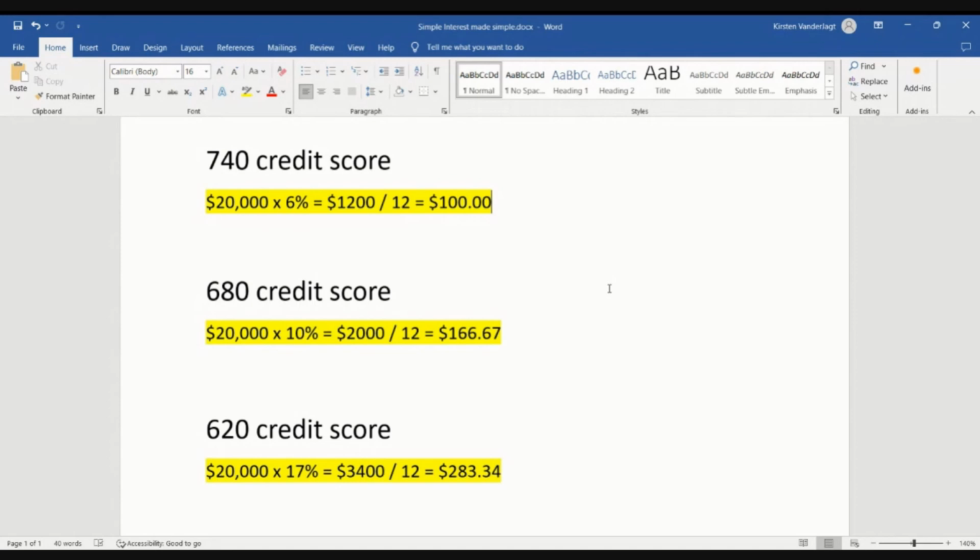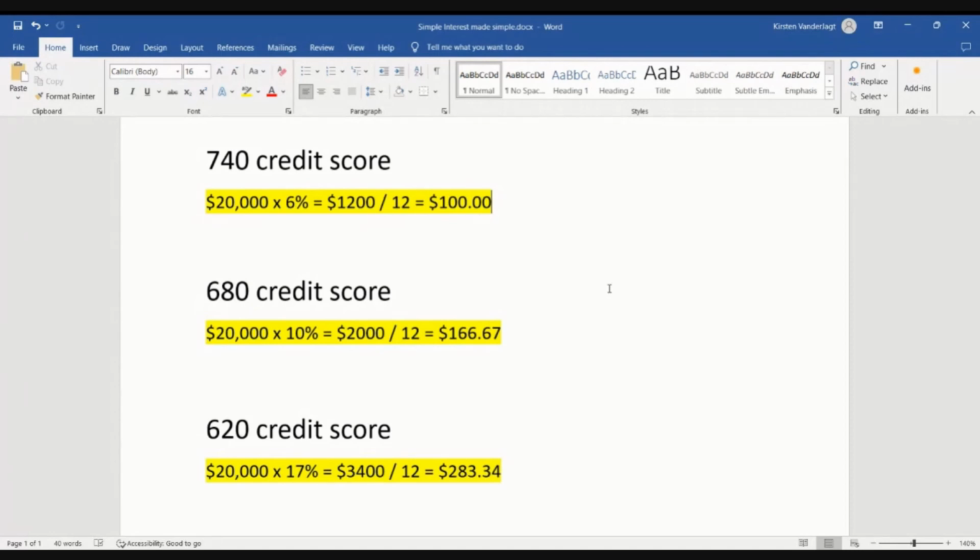And so then, of course, you would just take $20,000 and you would just divide that by the number of months. So if that was a 5-year car loan, that would be 60 months. And so your payment would be $333, except for now we're getting into something different, which is actually paying off the car and paying principal.